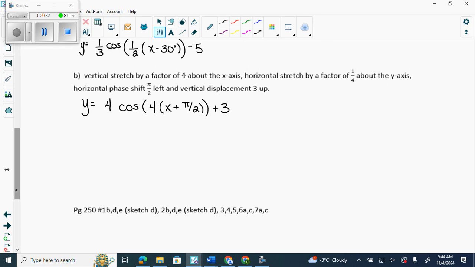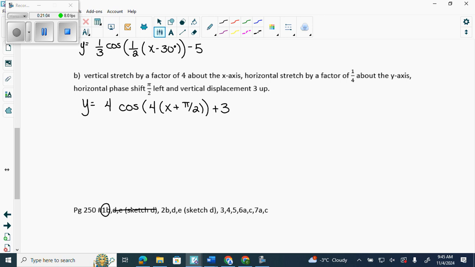This is your homework. I'm going to make you do not as much of it. It's page 250. I want you to not sketch the graph. I don't care about sketching. I want you to do 1B, don't sketch. It's a sketch D, so that would be out anyway.